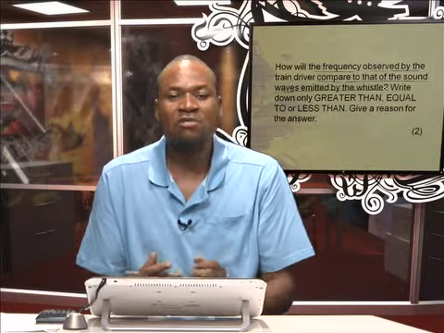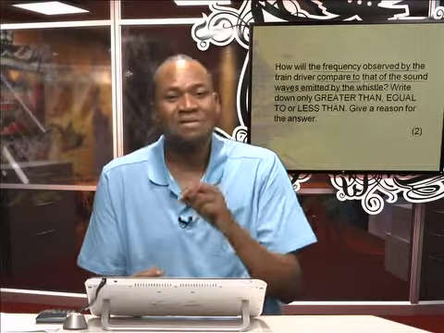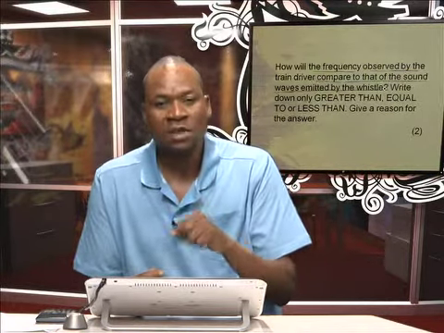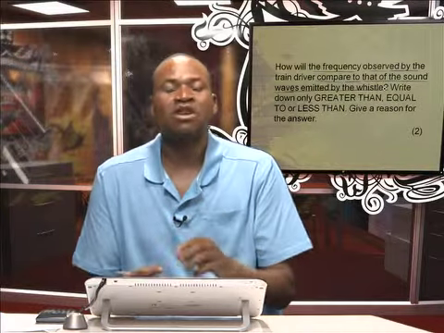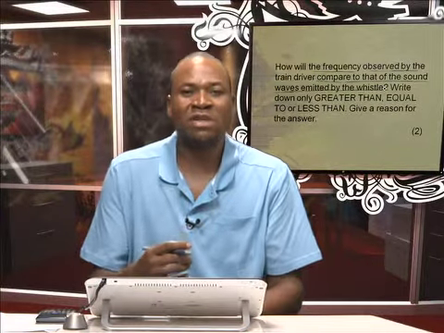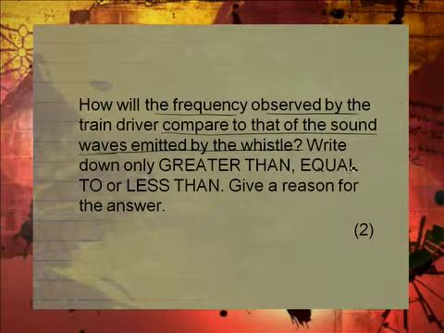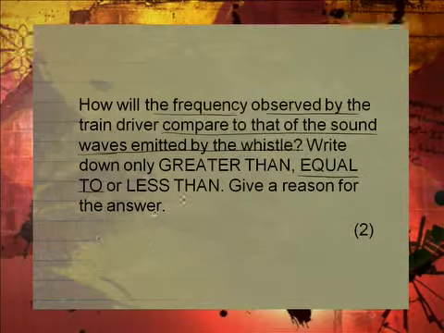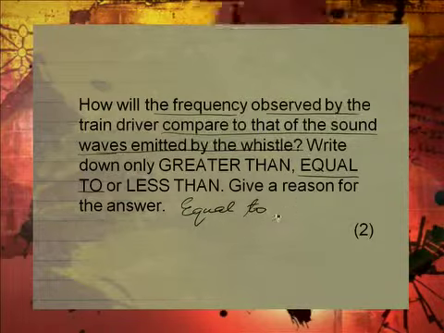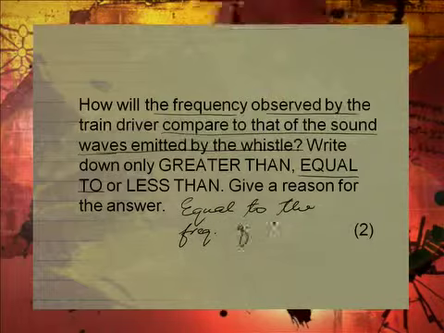And because they're not moving relative to each other, the frequency heard by the train driver should be the exact frequency of the source of sound, which is the whistle in this case. So it is going to be equal to the frequency of the source.